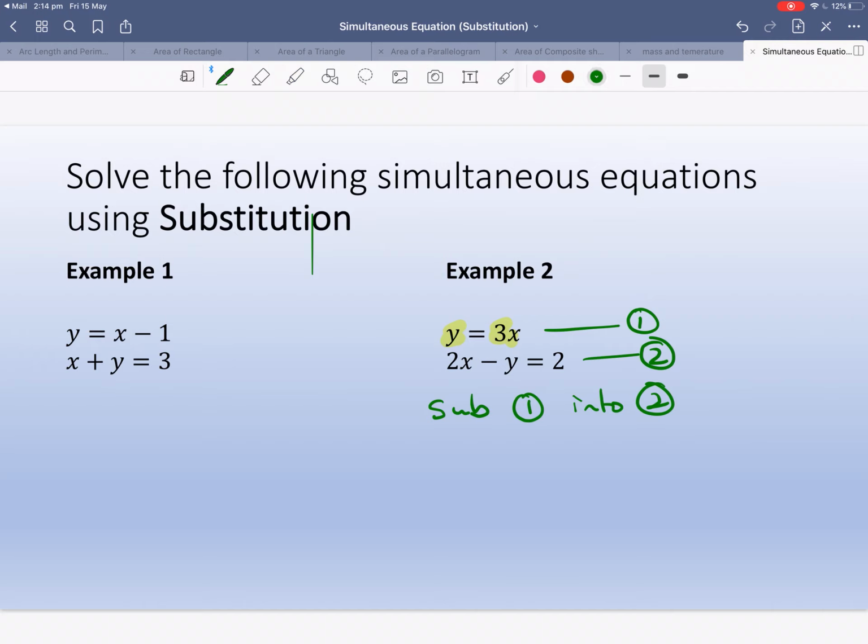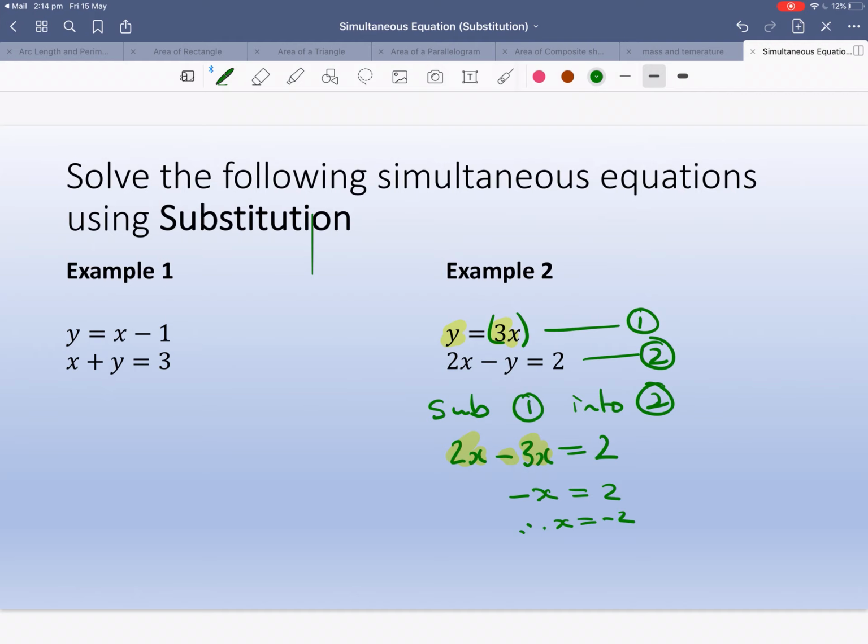So I'm going to start writing 2 out. So 2x minus, what's our y? 3x equals 2. So I'm left with negative x, because 2x minus 3x is just minus x, and that equals 2. Therefore, x equals negative 2, because we just chucked the negative over to the other side.